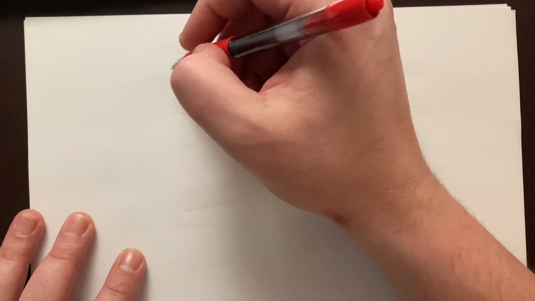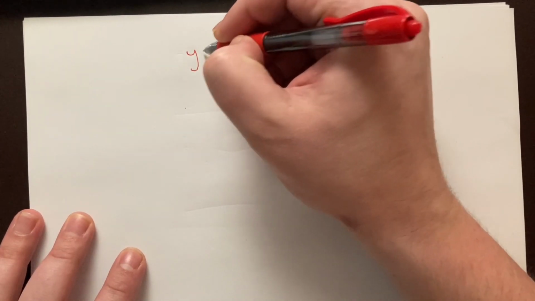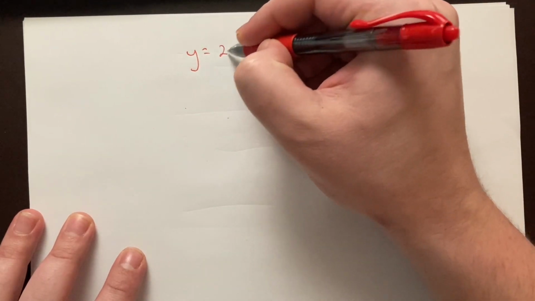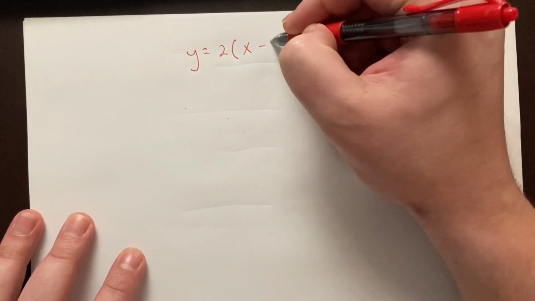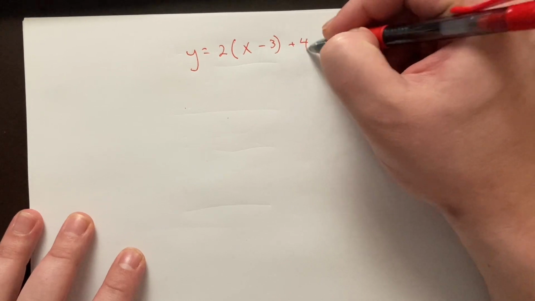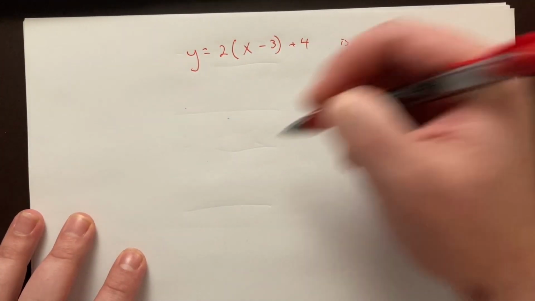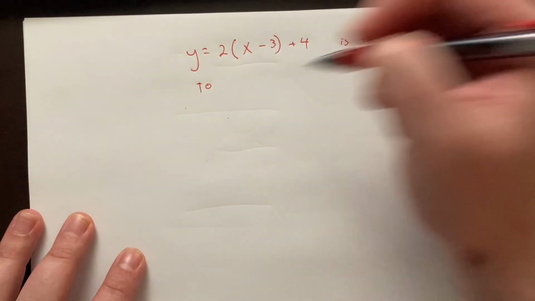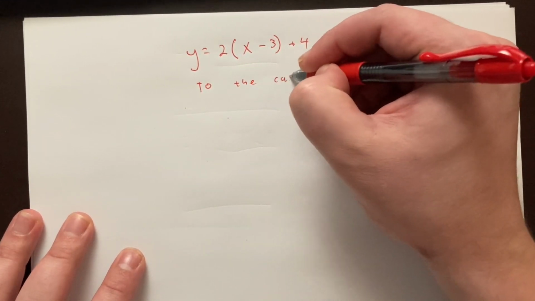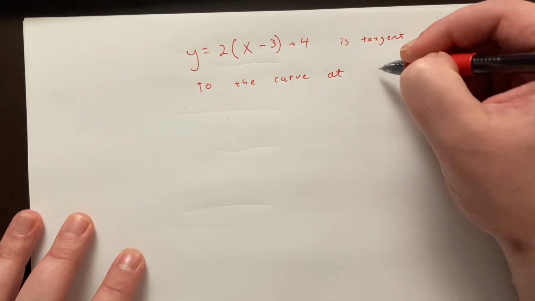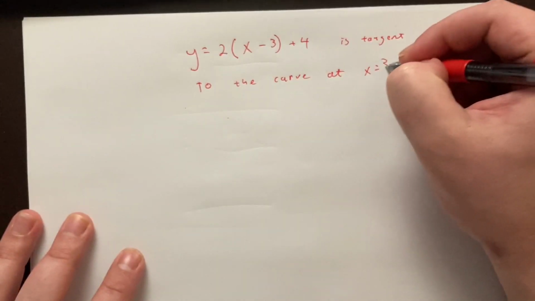All right, let's say that we've done the work and we know that y equals 2(x minus 3) plus 4 is tangent to the curve f of x at x equals 3.